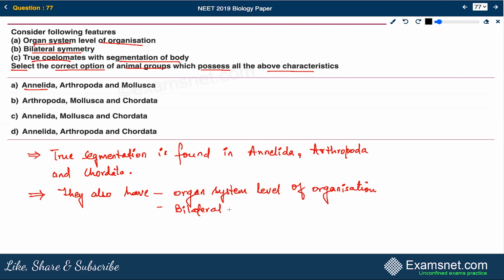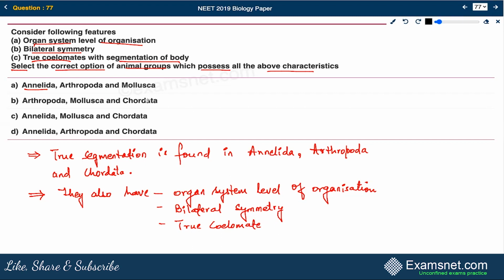They all have bilateral symmetry, in which the body is divided into equal halves passing through a central plane only. And they are also true coelomates, which means they have a well defined body cavity.